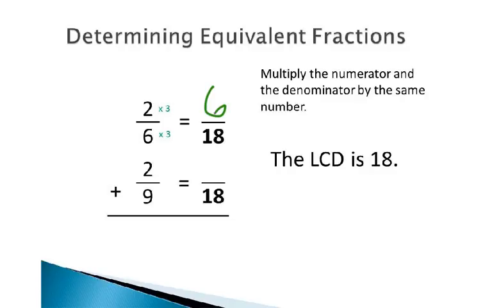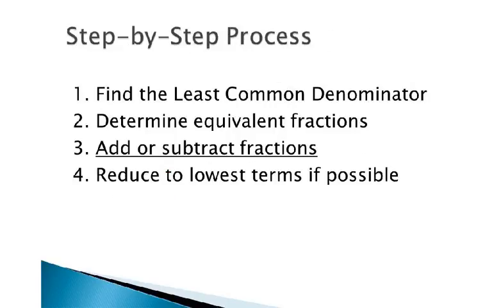And 2 times 3 is 6. In the bottom fraction, the denominator was multiplied by 2 to get 18, so I need to multiply the numerator by 2. And 2 times 2 is 4. My original fractions are now written as equivalent fractions with our least common denominator of 18.